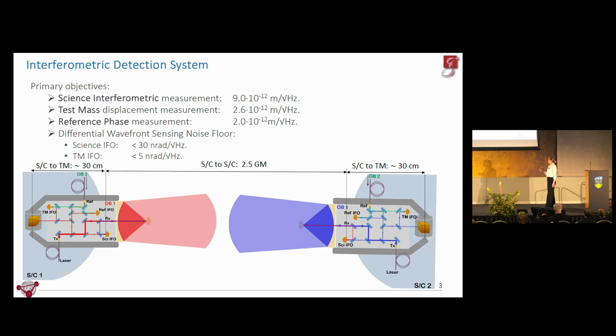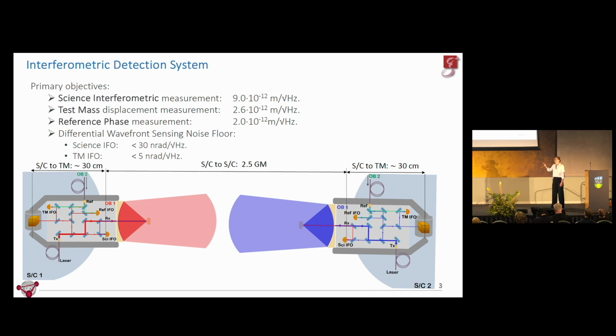We have the test mass interferometer where the local laser Tx is compared to the reference beam that comes from the adjacent bench on the same spacecraft. It's not shown here. And we have the reference interferometer that also compares this Tx laser with the reference laser from the adjacent bench. This time the local laser does not retroreflect from the test mass.